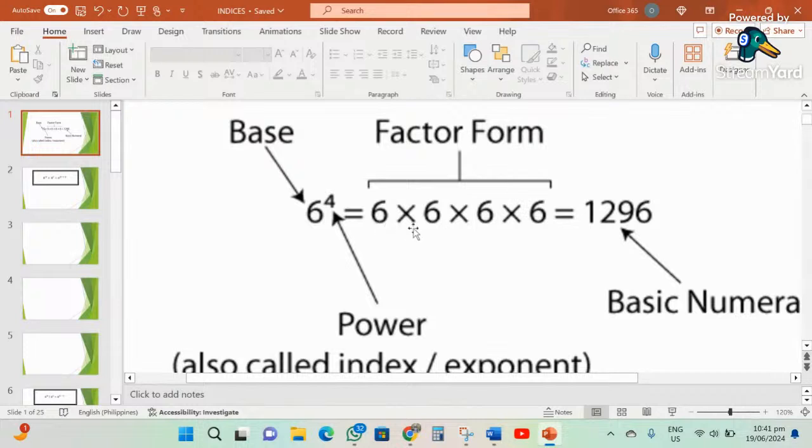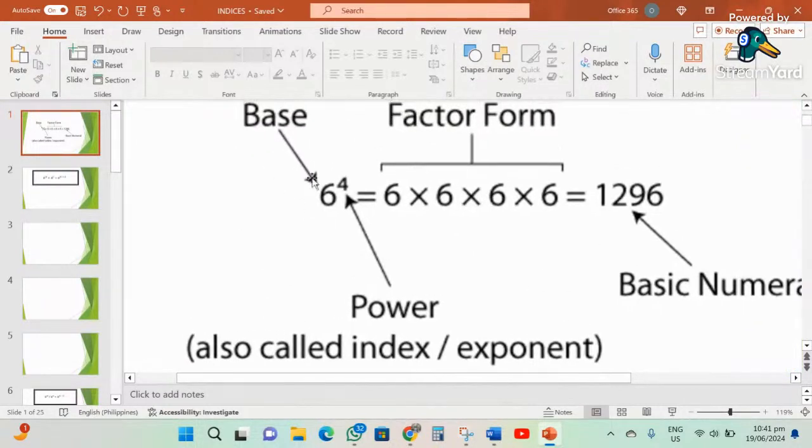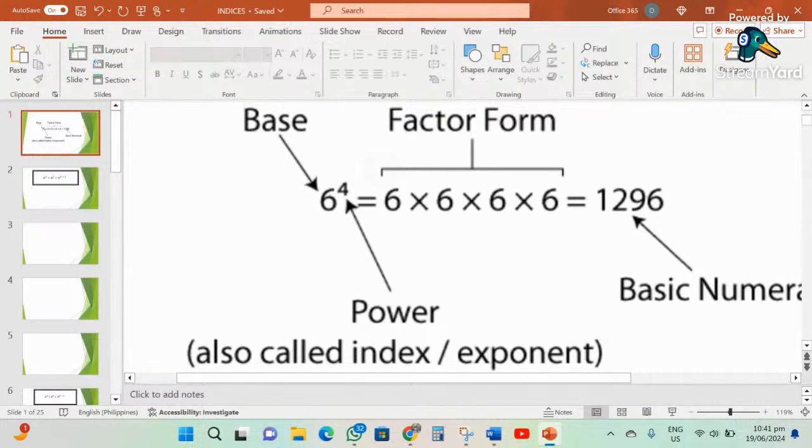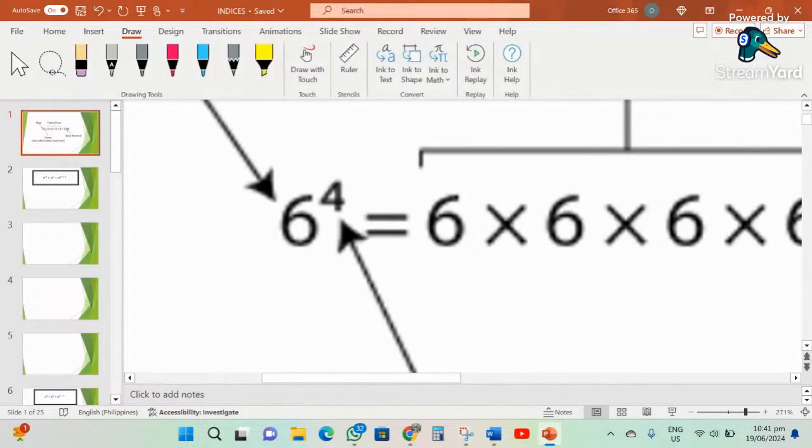If you multiply all these numbers together, one after the other, then you get a basic numeral, 1296.